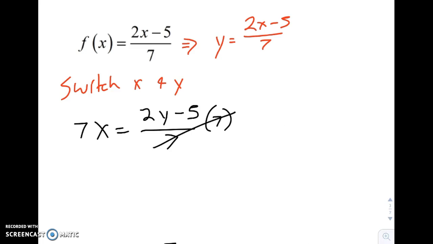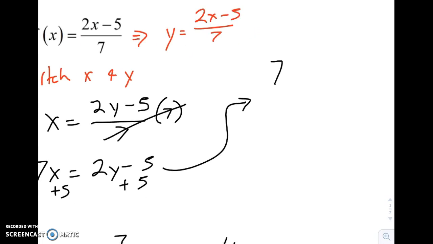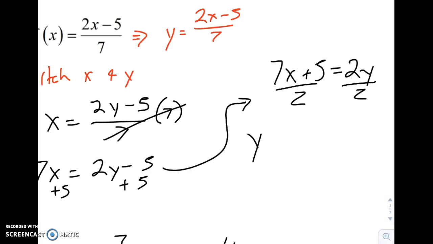That cancels out. We have 7x equals 2y minus 5. Then you need to add 5. We have 7x plus 5 is equal to 2y. And then we need to divide both sides by 2. And now our inverse function is 7x plus 5 over 2.